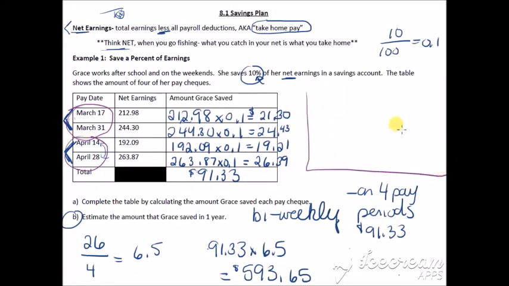If you saw this as, here's the savings for March, here's the savings for April, I'll do this just on the side here. It would be okay if you did 91.33 and then multiplied that. So this is 2 months. You'd multiply that by 6, because there's January, February, March, April, May, June. If you keep doing that, there are 6 chunks of 2 months.